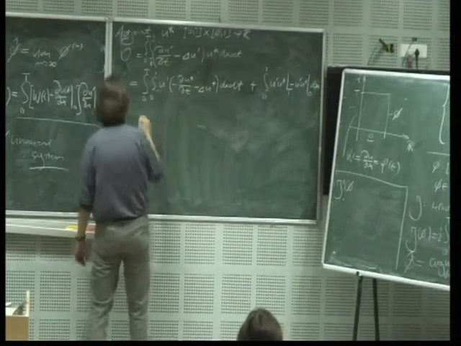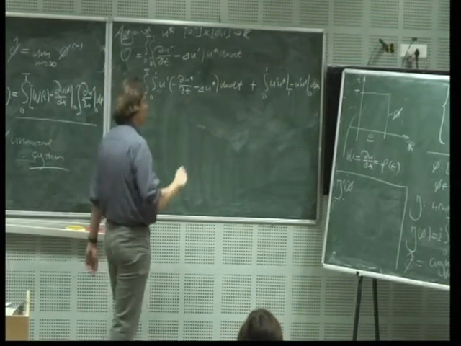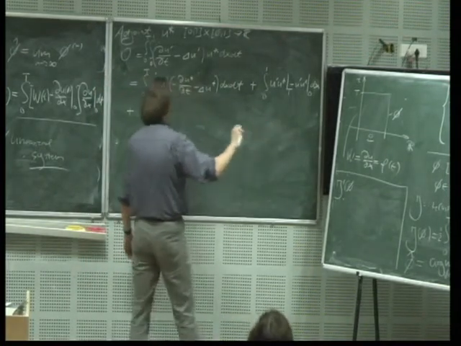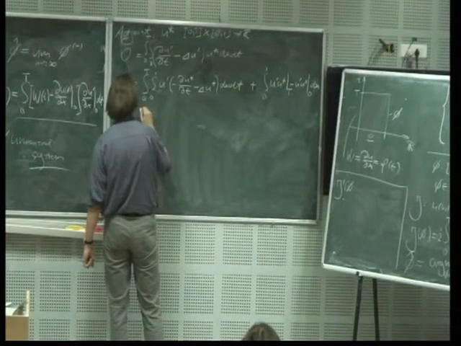And in addition, we have a whole bunch of boundary terms. Now, since we are in a one-dimensional case, there won't be any line integral. There will be just a time integral.